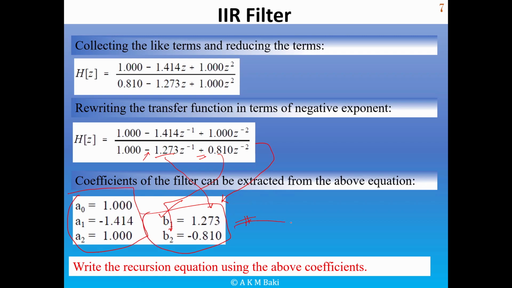Now you can easily draw the flow graph. You can write MATLAB code. You can see the frequency domain response and so on of this type of filter, IIR type.